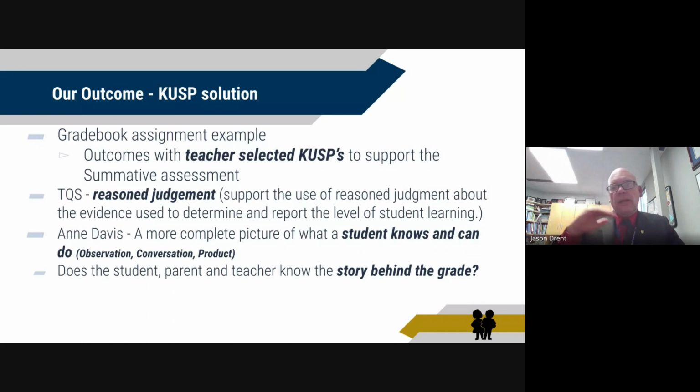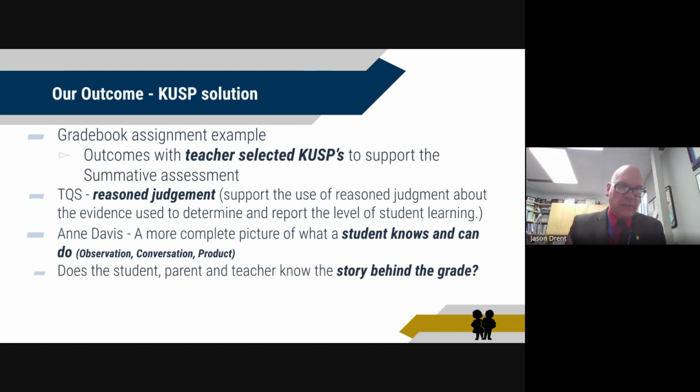So finally, before I pass it over to Sandy to walk through a gradebook example, at the end of the day, it is the outcome in the gradebook that provides the opportunity to report summatively on student learning. But we've designed now the ability for teachers, for you, to select particular KUSPs that help to support that reporting of that outcome.